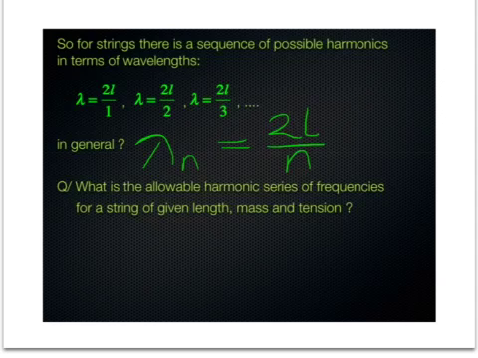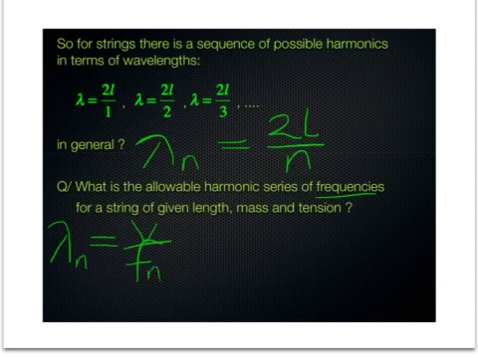The question now is, what is the allowable harmonic series of frequencies for a string of given length, mass and tension? Well, we need to use the wave equation, where the wavelength of any particular harmonic n is related to the frequency by this equation, v upon the frequency.